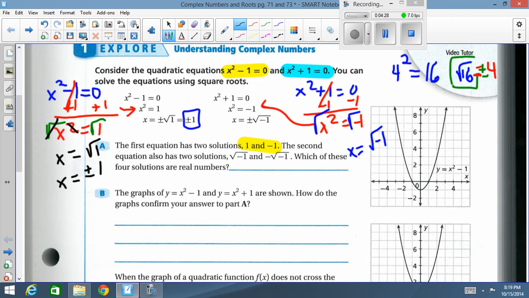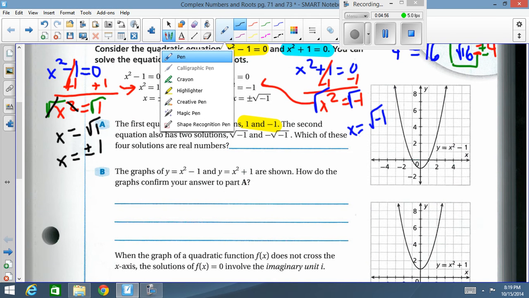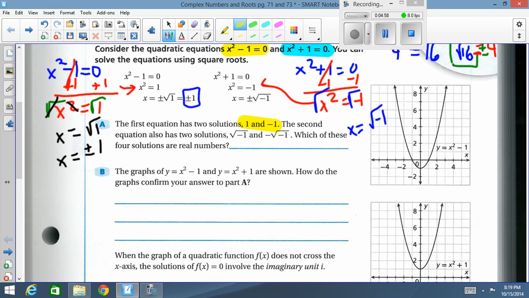Well, negative 1 times itself would be negative 1 times negative 1, which is a positive 1. 1 times itself is just 1. The problem is that anytime you have a radical with a negative under it, it's not going to be possible, because we cannot have a number times itself end up being negative.